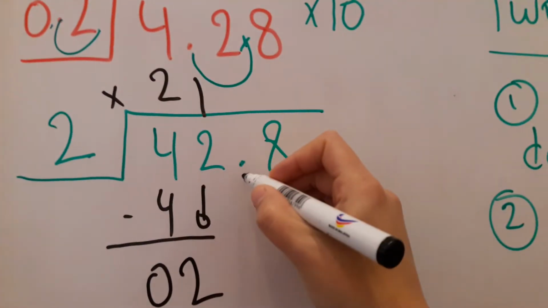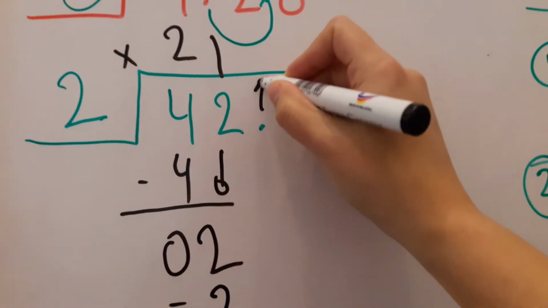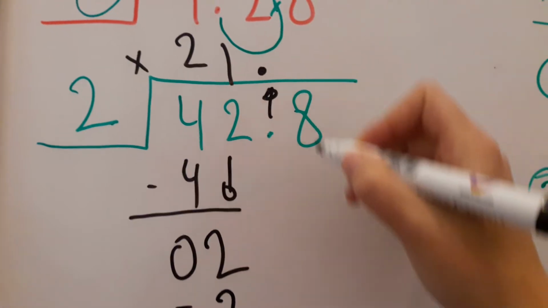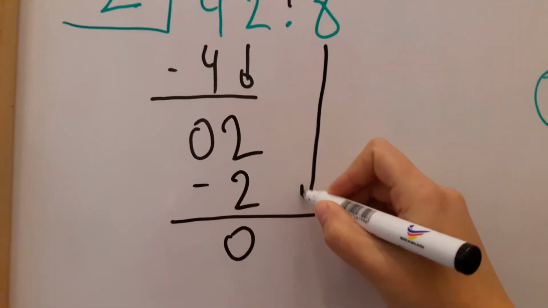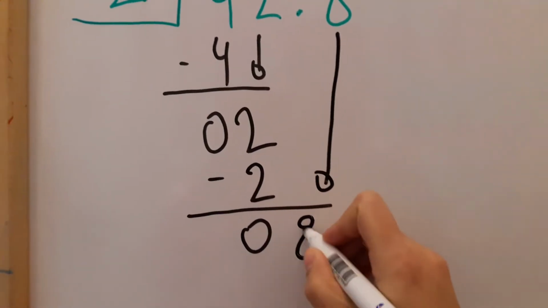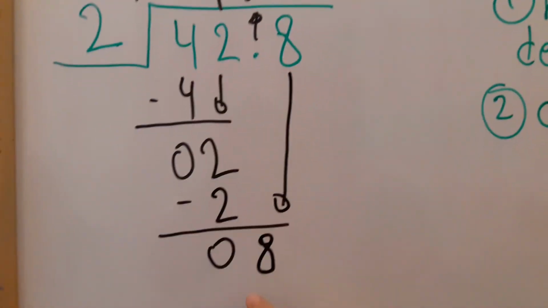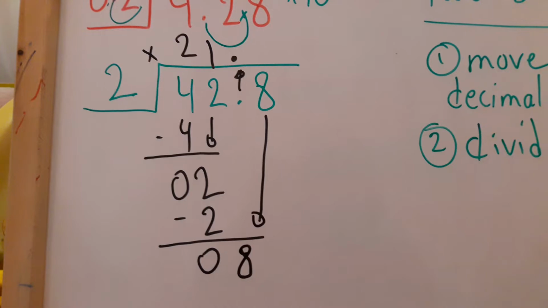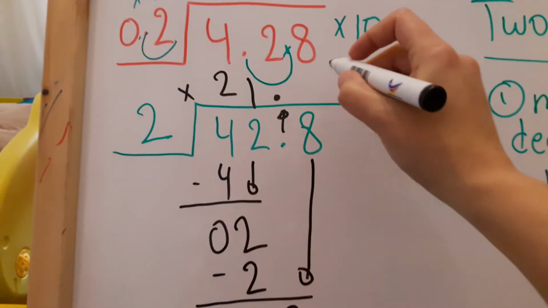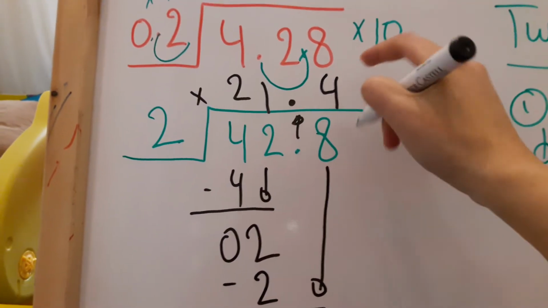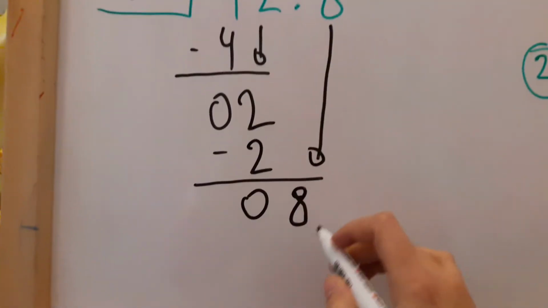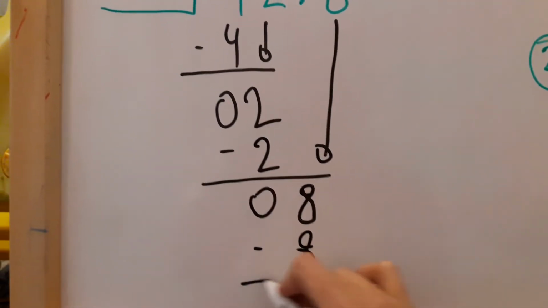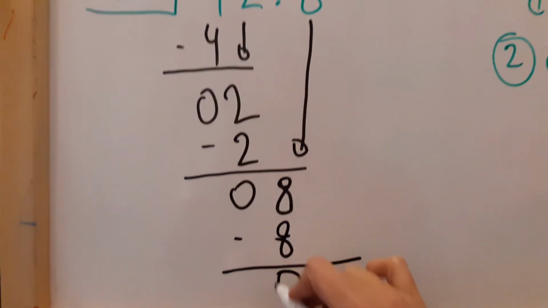Now when I reach the decimal point, this is going to go up. Then the 8 comes down. So 2 times what gives me 8, or a number closer to 8? So 2 times 4 gives me 8. So over here, 4. 4 times 2, it's 8. You subtract, and this is a 0.